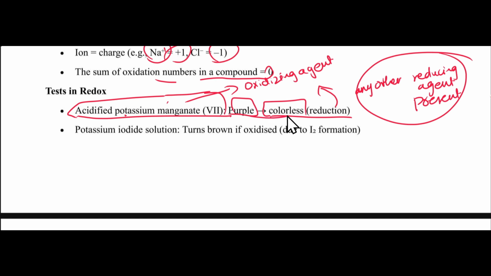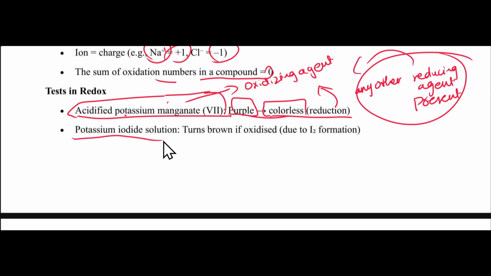The reaction is reduction, so you can easily find that the other solution, which you don't know whether it was an oxidizing agent or a reducing agent, if the color changes, it was a reducing agent because it reduced the acidified potassium manganate, right? So acidified potassium manganate will be reduced in the reaction when it changes color, and it means a reducing agent is present.